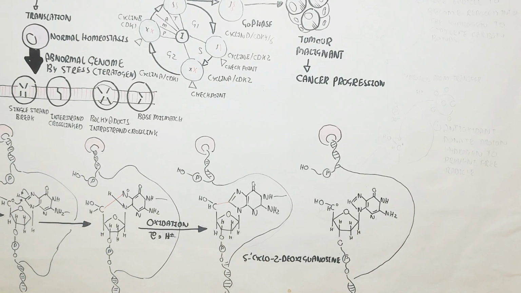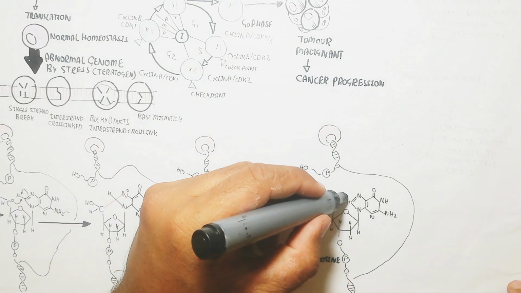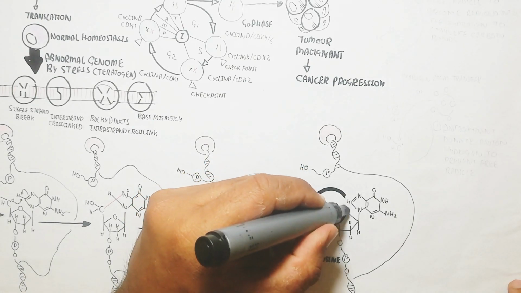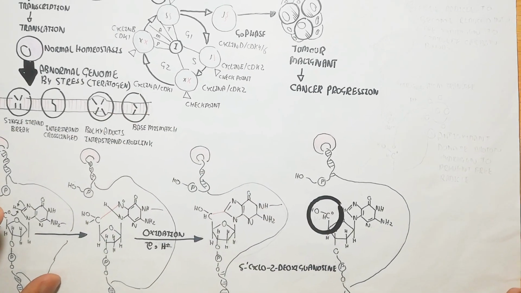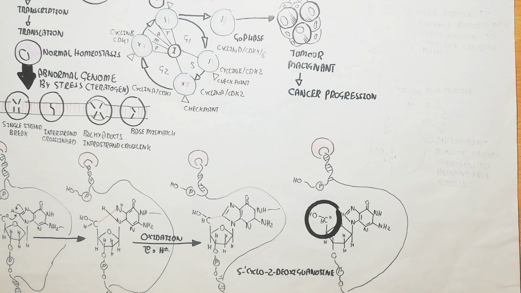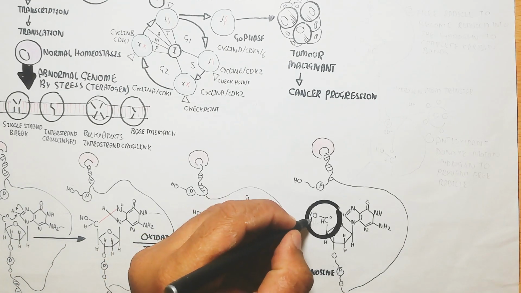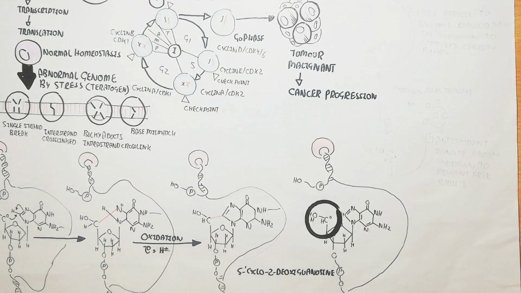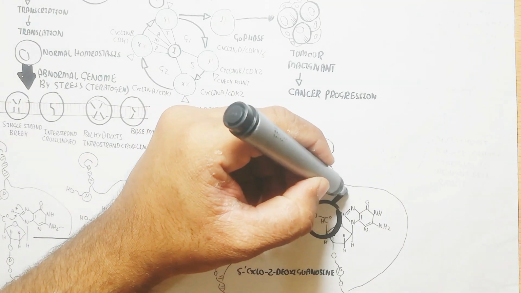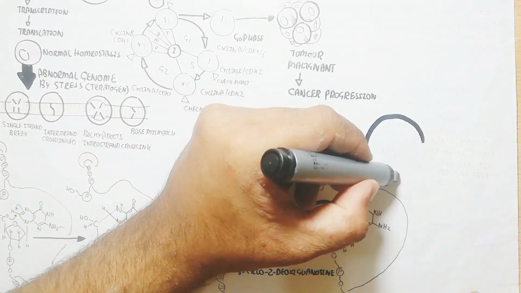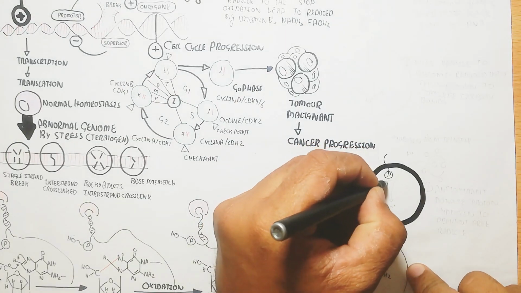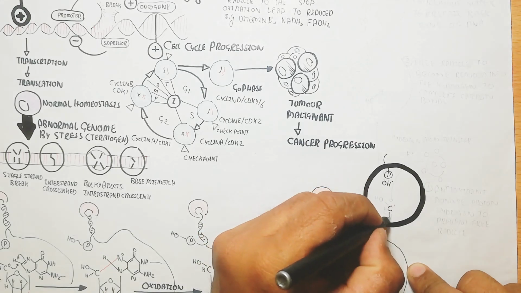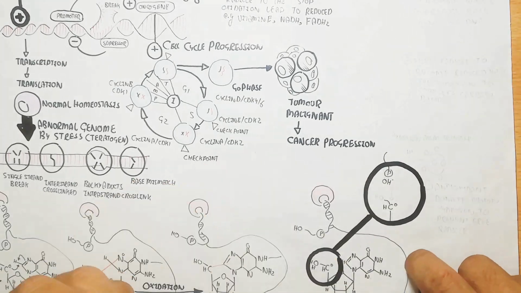So we are going to understand the series of DNA damage and repair. This is the free radical on the carbon side after the break of the DNA. The phosphate group contains a hydroxyl group, and the carbon contains the free radical and hydrogen.